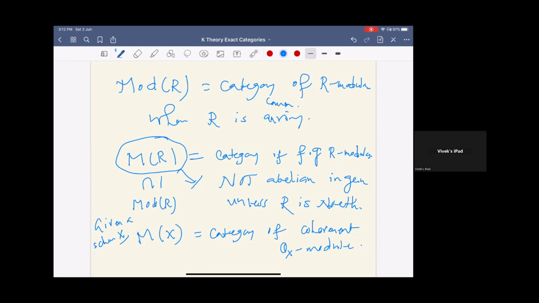In the same way, this need not be an abelian category unless it's a Noetherian scheme. But the K-theory of this category is also interesting. This is called G-theory.